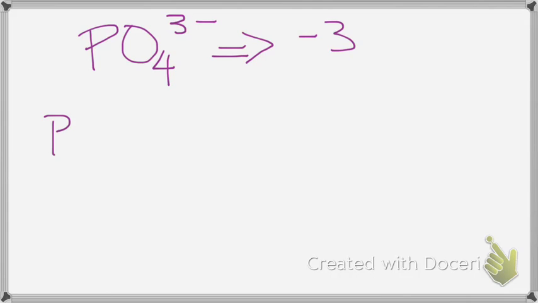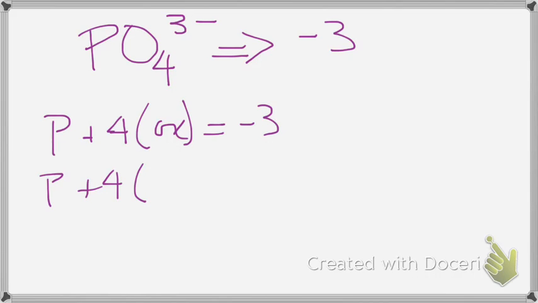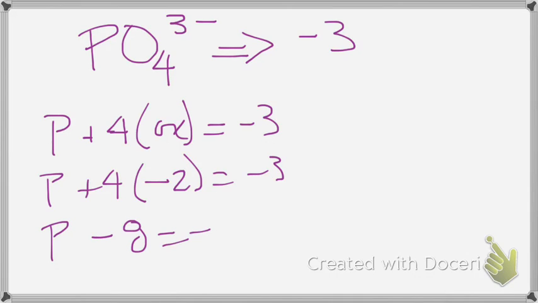So we have P plus 4 times oxygen, which once again I'm just going to call OX, has to equal -3. Each oxygen has an oxidation number of -2. So we have P minus 8 is equal to -3. So the phosphorus has an oxidation number of +5.